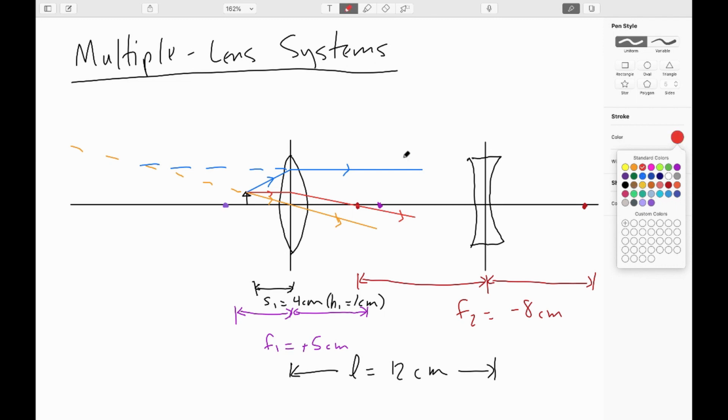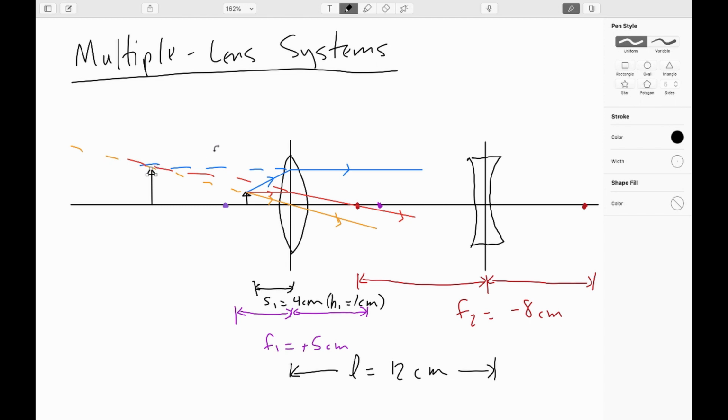And we'll backtrack that one. Okay, so we've located our image. It is right here, and this virtual image is indeed virtual, upright, and magnified as advertised.